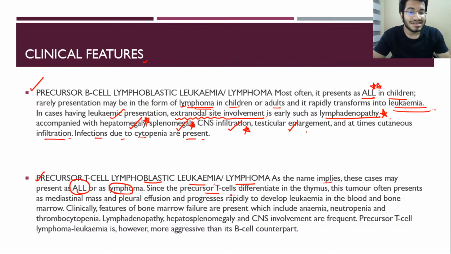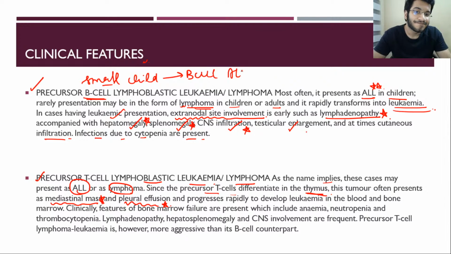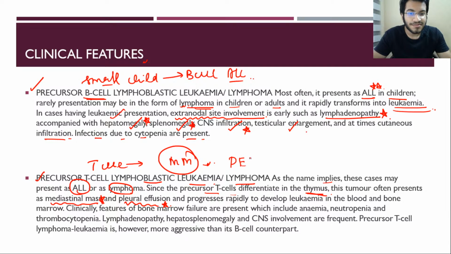Since the precursor T cells differentiate in the thymus, this tumor often presents as a mediastinal mass and pleural effusion. So generally a small child will be having a B cell type of ALL, right? And the T cell type will present as a mediastinal mass or pleural effusion, right?